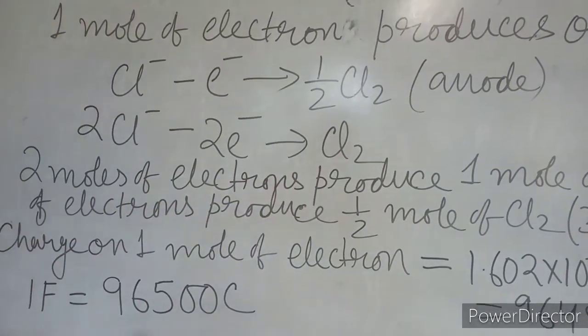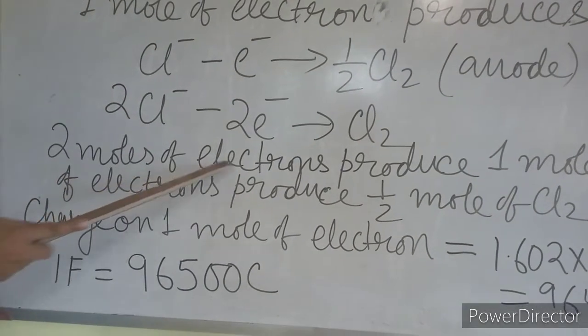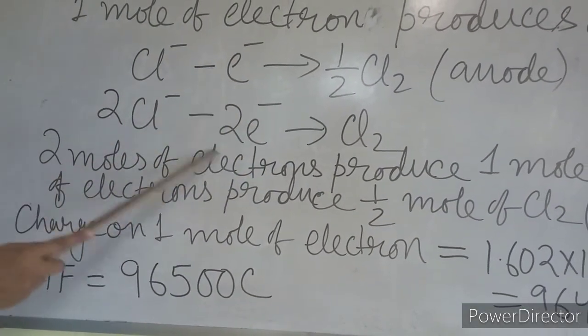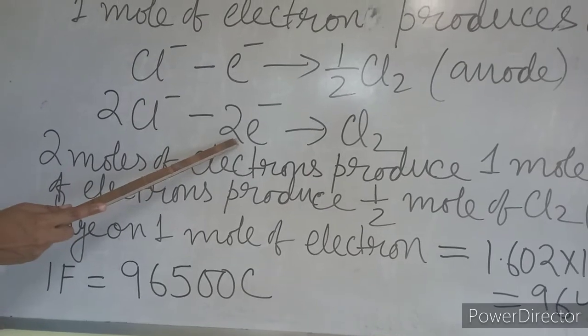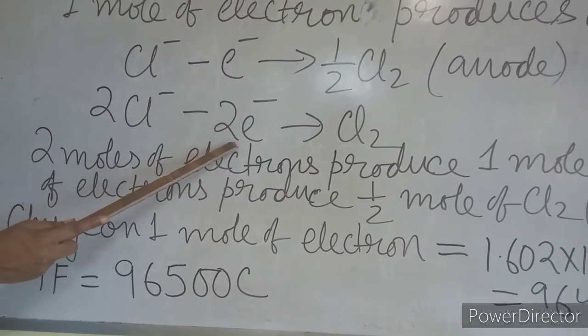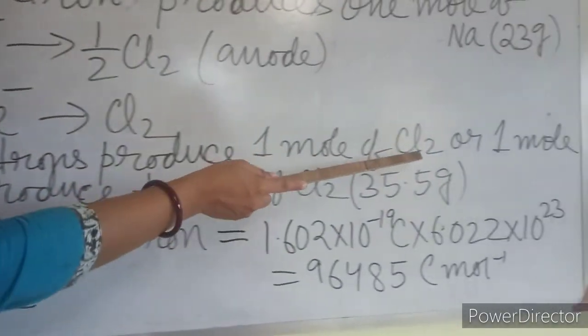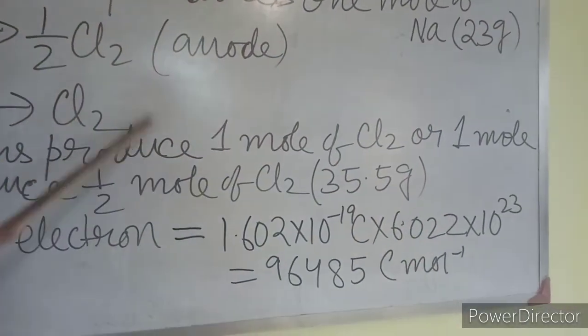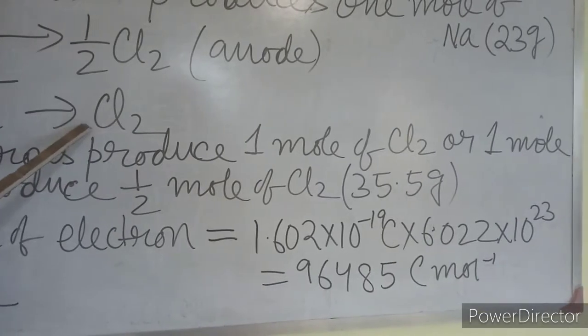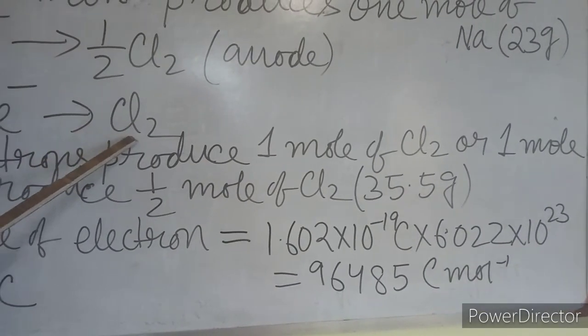So in terms of mole, I can say 2 moles of electrons. 2 electrons are here, so instead of 2 electrons I can say 2 moles of electrons. It is producing 1 mole of Cl2, that is 1 mole of Cl2 molecules.